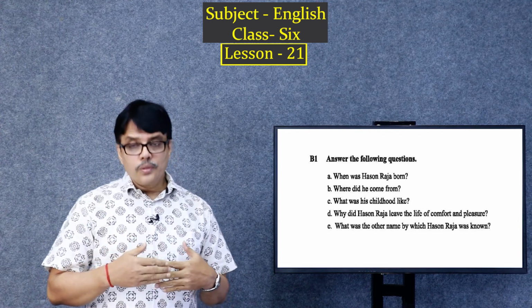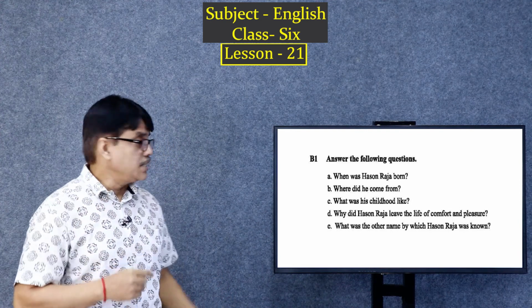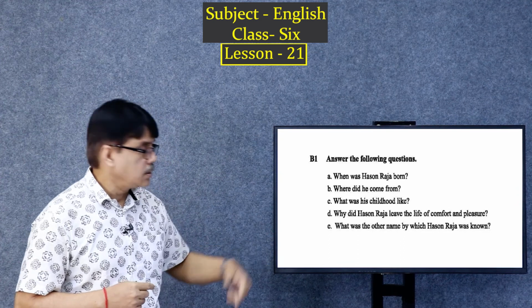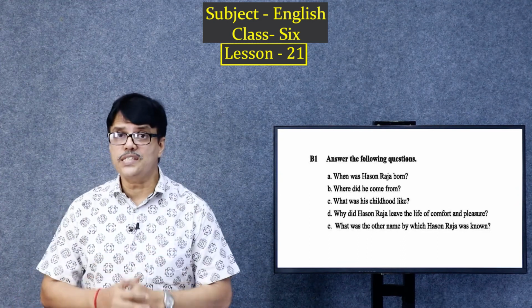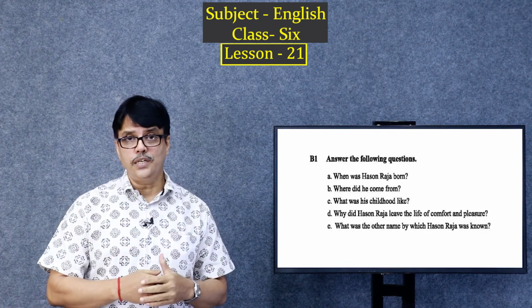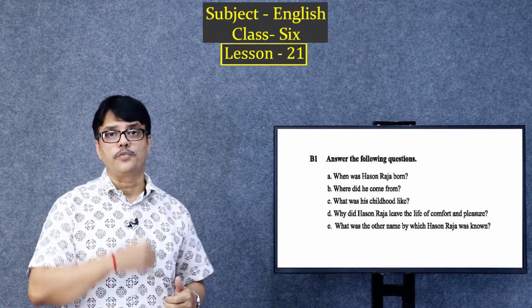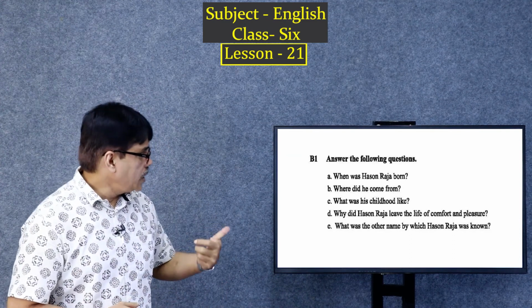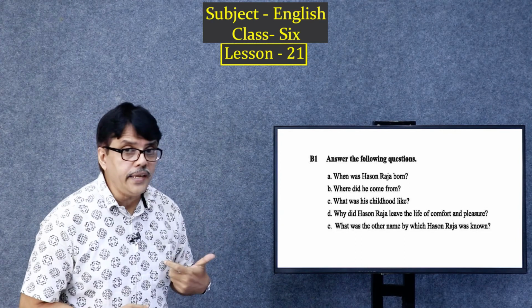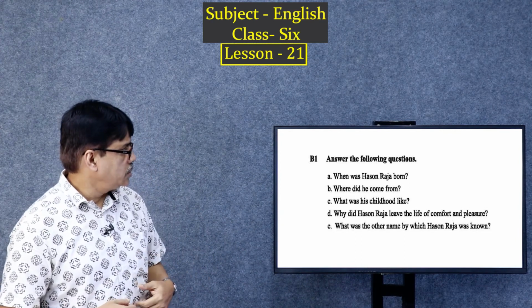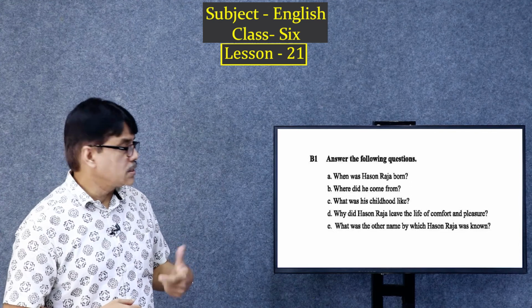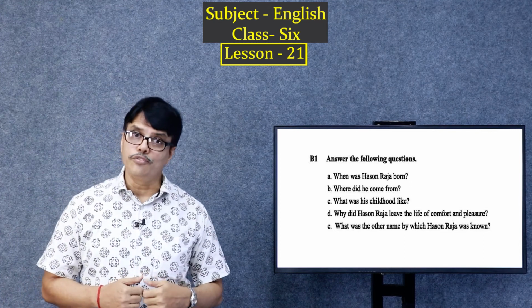So, in the question, there is a linking verb was. So, when you write the answer, we must use the linking verb was. What was his childhood like? His childhood was very comfortable.